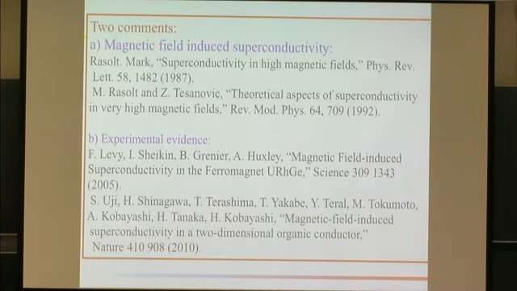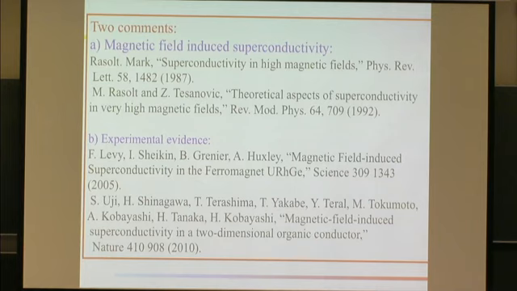Here we have two comments. Usually, as I mentioned before, a stronger magnetic field destroys the superconductor. But there are several papers which say the magnetic field could induce superconductivity. Here I mention two papers, and there is also some experimental evidence published in these two papers.